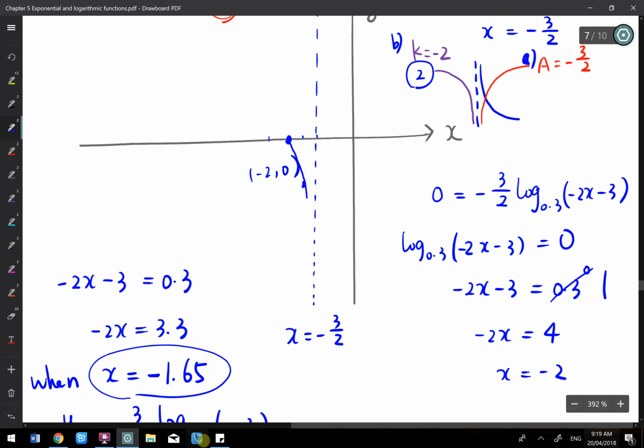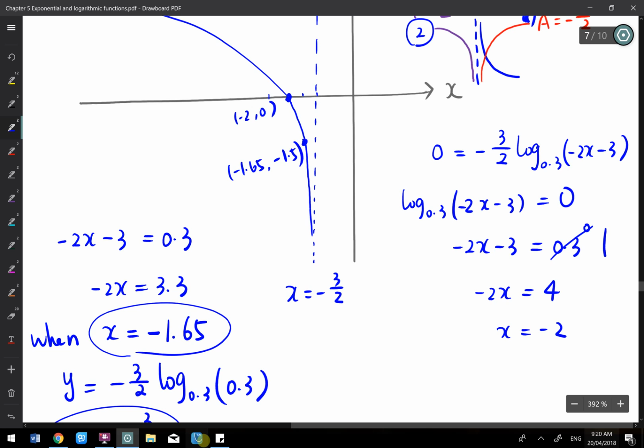So the shape of graph is like this. This point is minus 1.65 comma minus 1.5, and minus 2 comma 0 here. Okay, you can see the domain of the graph is minus infinity to minus 3 over 2, exclusive. That's the domain.